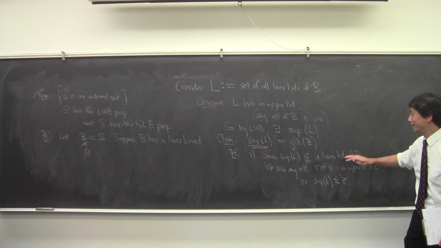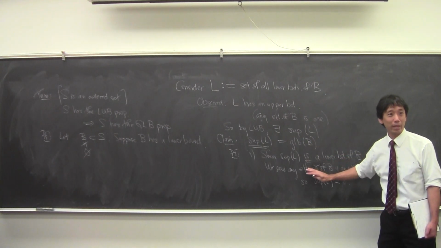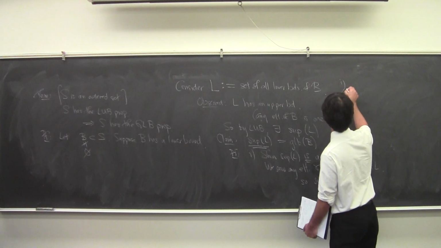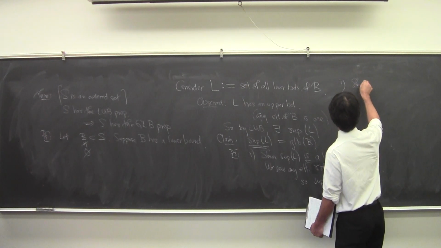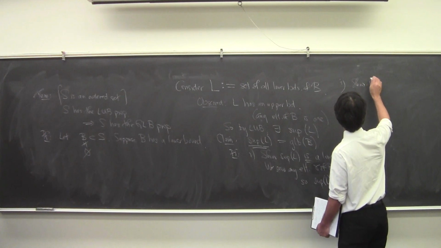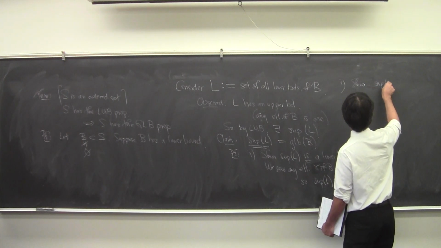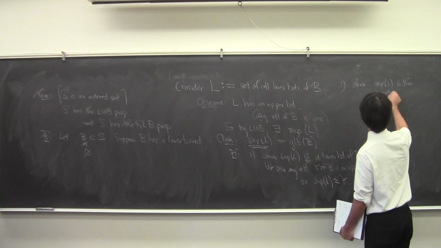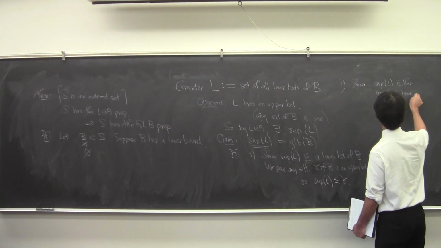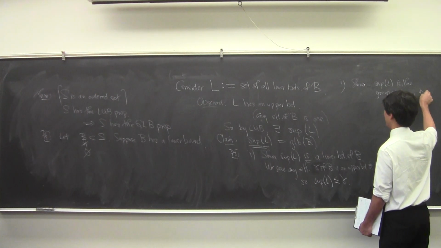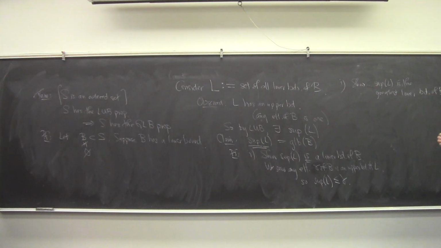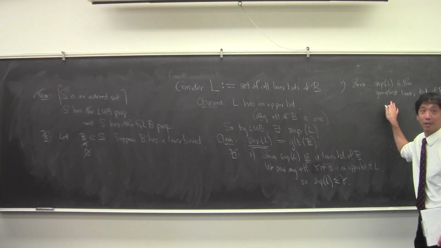Okay. So now we've got this first fact, that this guy is a lower bound. And the second thing we need to show is that the supremum of L is the greatest lower bound of B. It's bigger than or equal to any other lower bound.